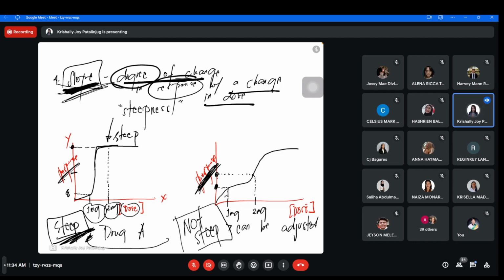Sa steep, ang inyong ma-rationalize ani, dili ginusagad mag-add if steep ang plotted nga graph. Okay, meaning to say, probably narrow yung therapeutic line ng isang gamot.